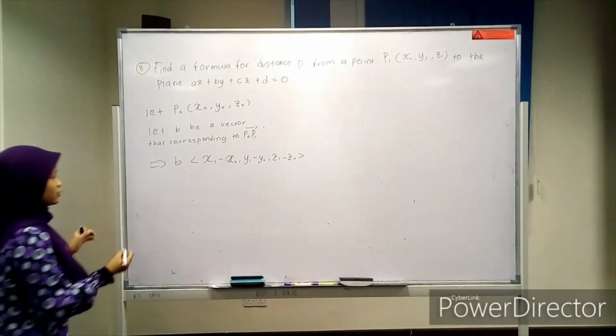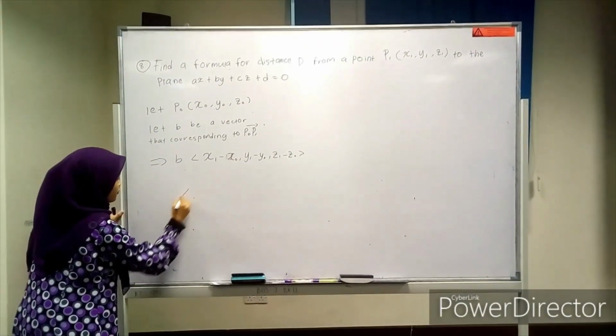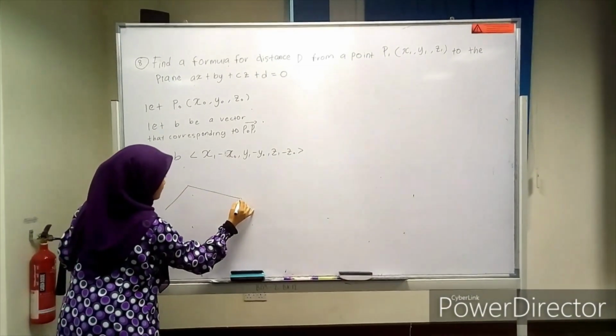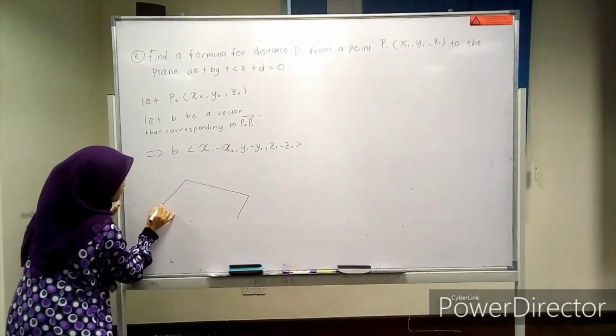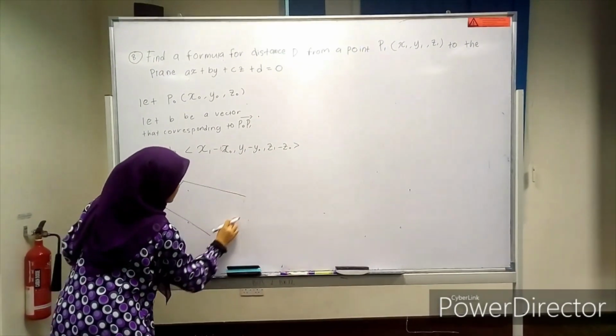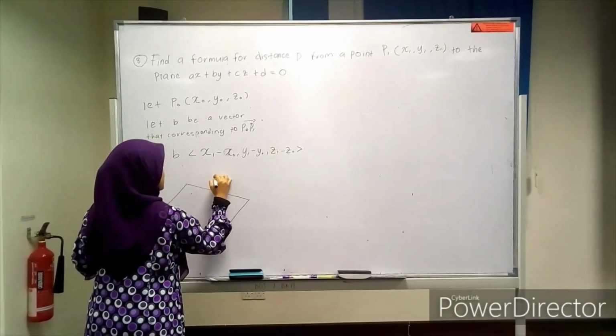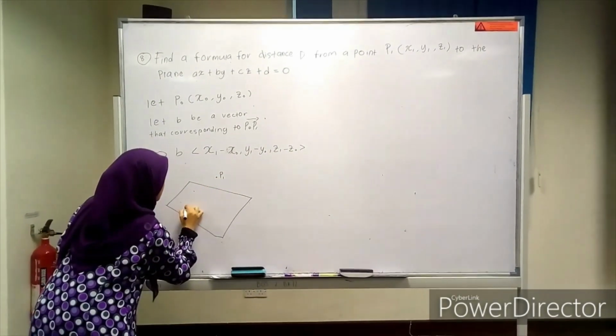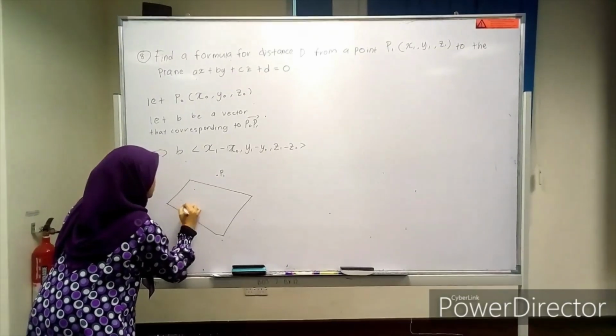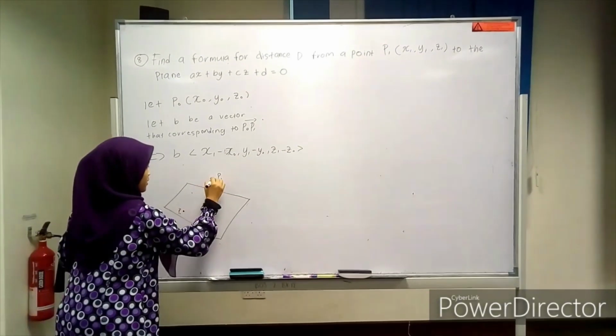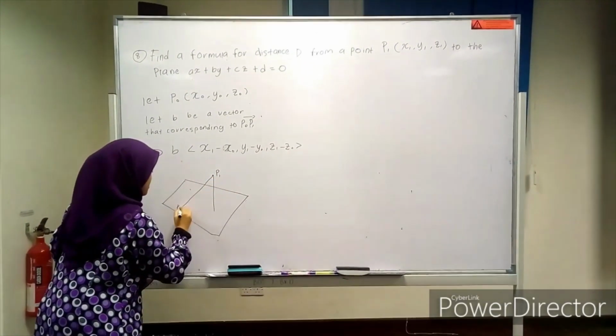Okay, we can draw. This is a plane. This is P1. This is P naught. Can draw like this.